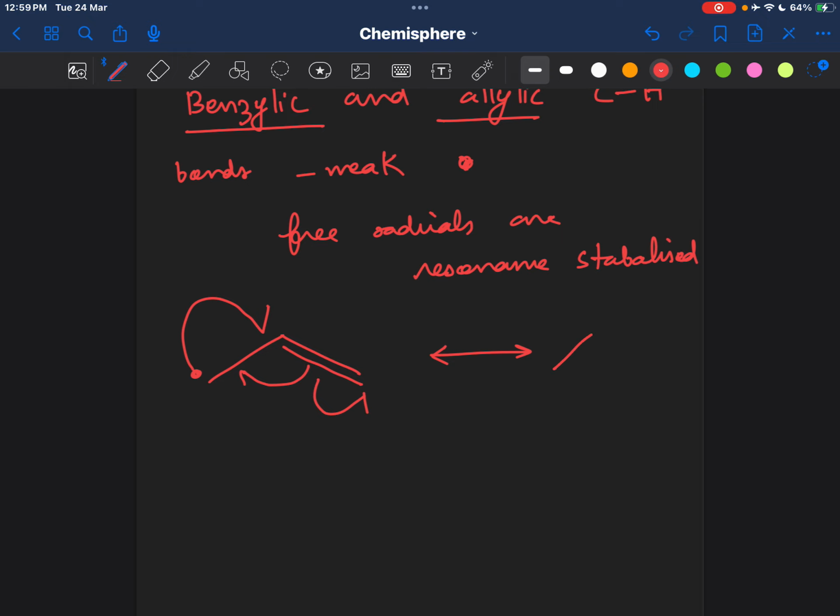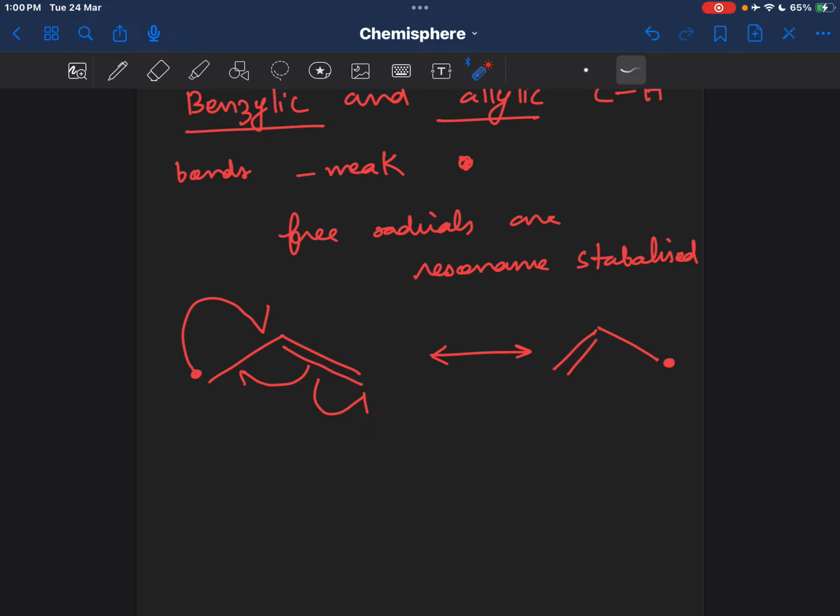So it will ultimately result in a double bond and this. So you can see here, this free radical and one electron from this double bond became this double bond, and one electron from this double bond became the free radical. So this is resonance stabilized. So this makes the benzylic and allylic free radicals extremely stable. So we have to look out for them if there is any.